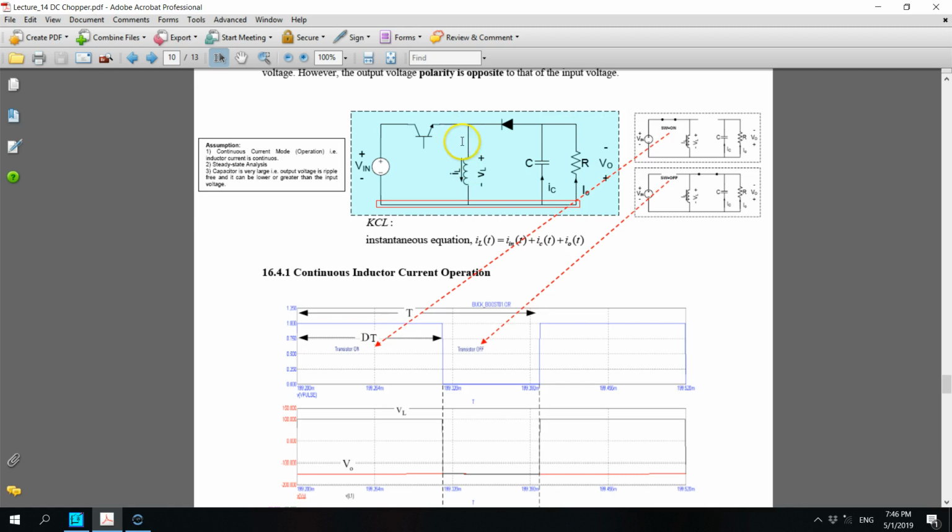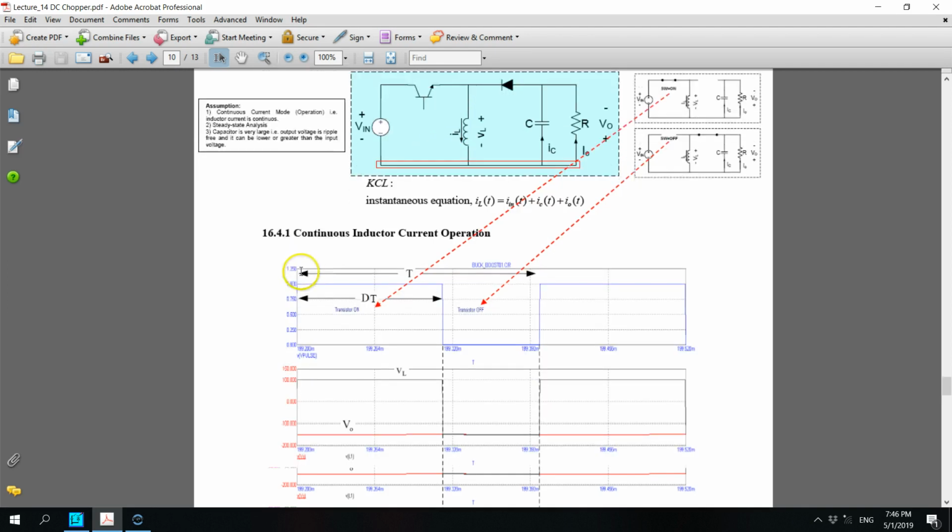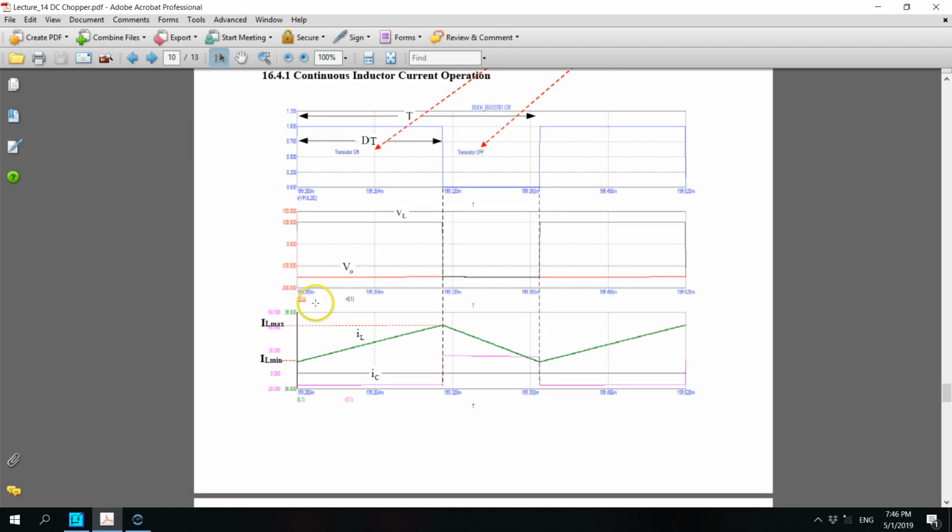It's a constant current, which is determined by the value of Vout divided by R. Therefore, if you look at the capacitor current, the pink waveform here, IC is a constant current equal to Vout over R, and this will be used when you want to calculate the ripple voltage.